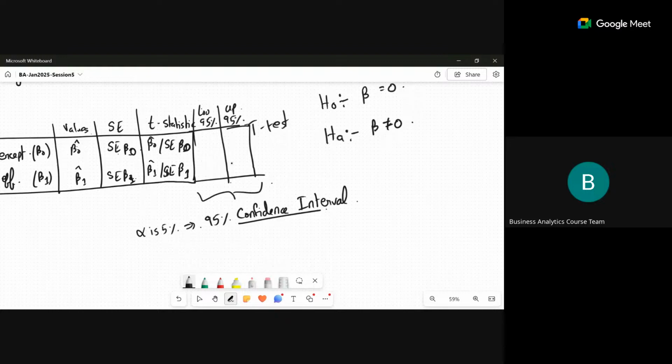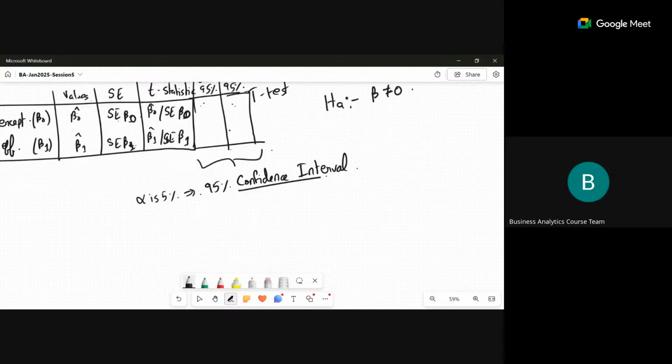So you construct a confidence interval. Let's say I'm not giving you the p-value, and I'm not even giving you the test statistic. I'm giving you only the confidence interval. Let's say the confidence interval for beta 0 is -2 to -1, and the confidence interval for beta 1 is, let's say, 2 to 4, for example. Then in this case, will you reject H0 or not reject H0?